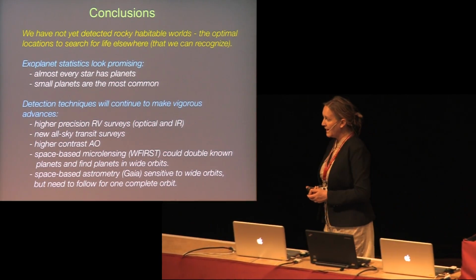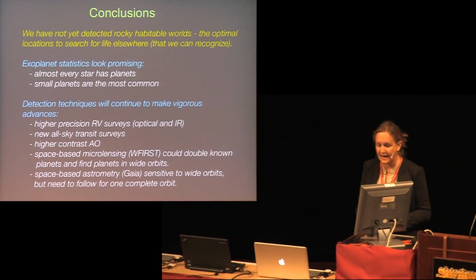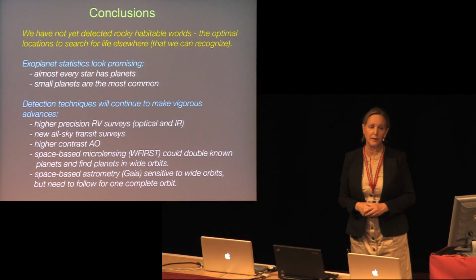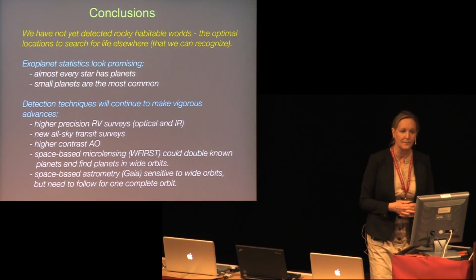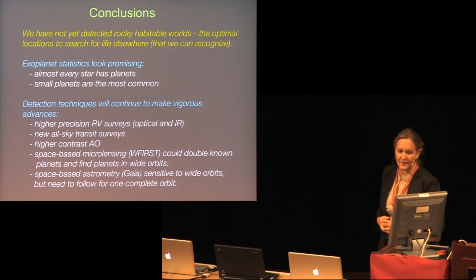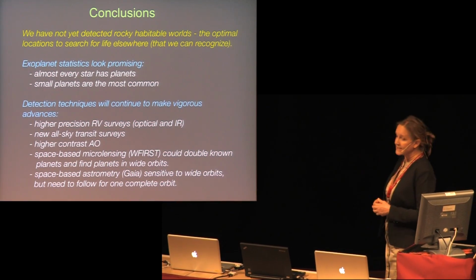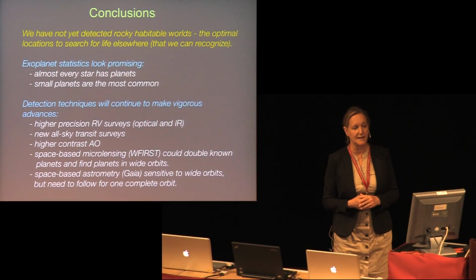Okay, so then finally, to present my conclusions, I want to emphasize the fact that we haven't really detected rocky habitable worlds yet, and that's what we were setting out to do in the beginning. We wanted to find planets where there might be life that we can recognize. Still, the exoplanet statistics that we have now look extremely promising. We know that almost every star has planets.